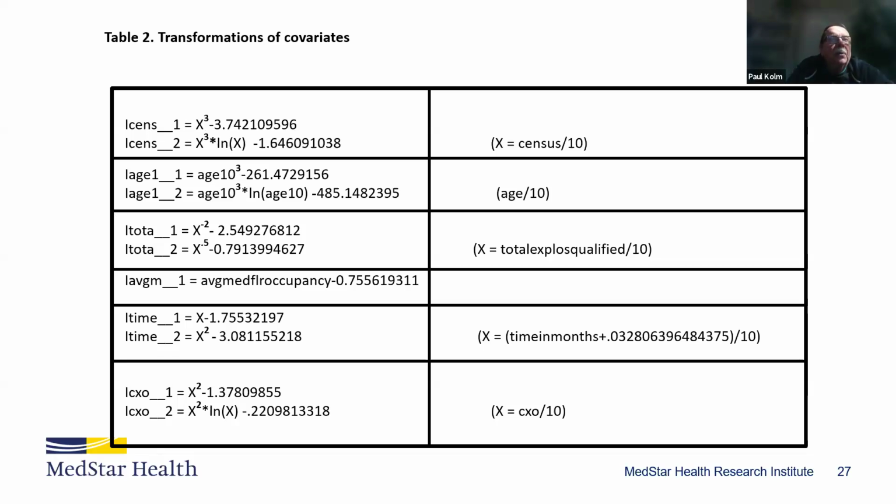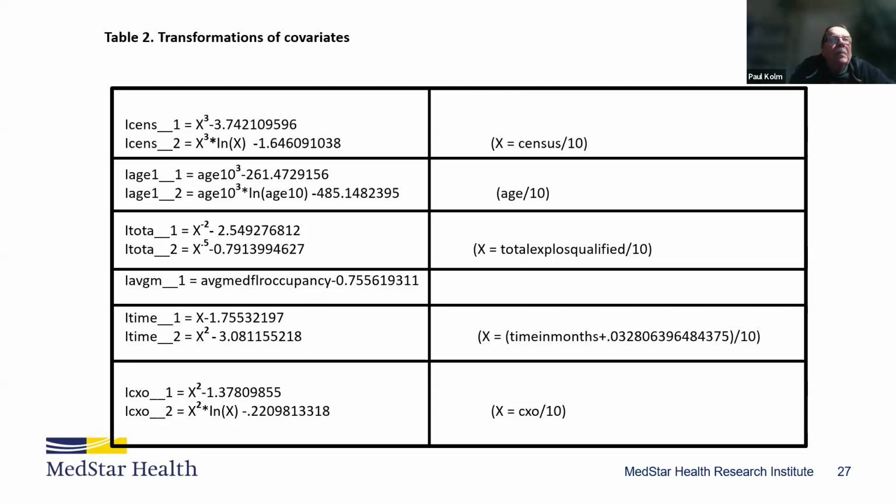So we have age 10, which is age divided by 10, raised to the third, and then age 10 raised to the third times the log of age 10, and so on. And as far as the interaction term here, there were two, and both were quadratic, so that's what they would look like.